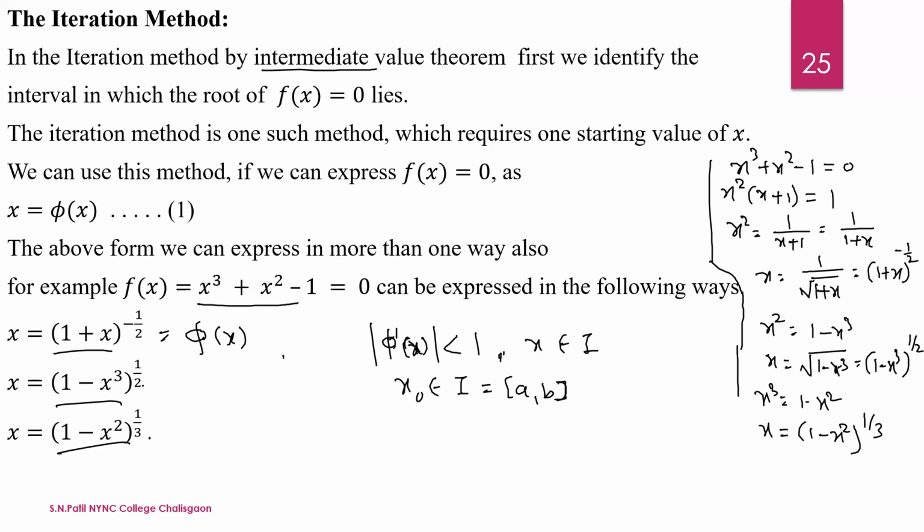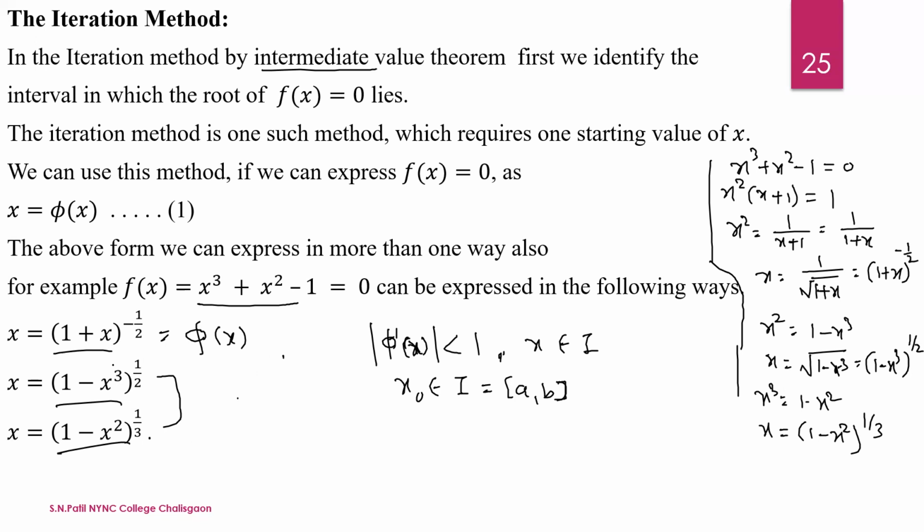Now the last two equations, if we differentiate, then 1 by 2 is here and raised to minus 1, and again the derivative of this bracket, 3x square, so 3 is there. Similarly here, the derivative of x square is 2x, so 2 is there. And when we put the value of the interval, we don't get phi dash less than 1.